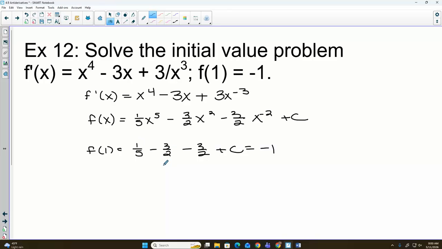So 2, no, 2 before this. Or negative 2. No. Hold on. Is it negative 13 over 10? Oh, 4. Negative.